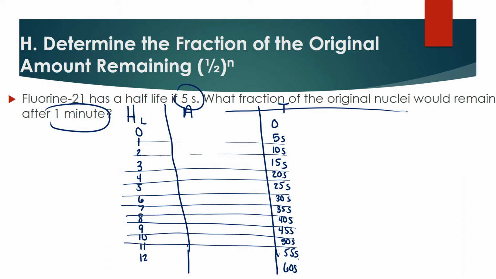So we don't have how much we started with. It wants a fraction. So we can assume that at time 0, we have all of our original amount, 100%. As a fraction, we represent that as 1. So after 1 half-life, we'd have half. Continuing on, half of half is a fourth. And we're going to continue to take and divide that in half. I feel like I'm off a line here.